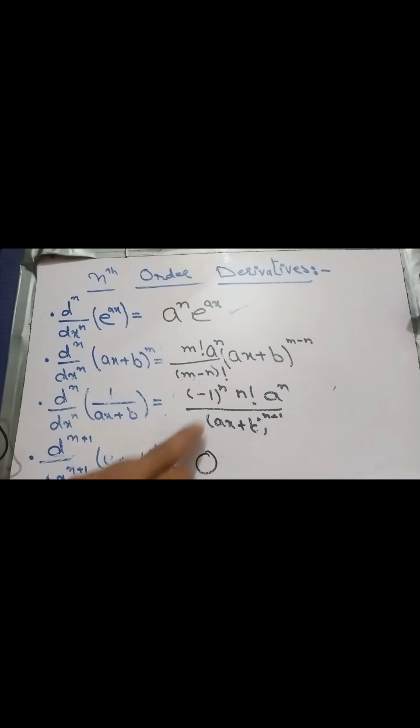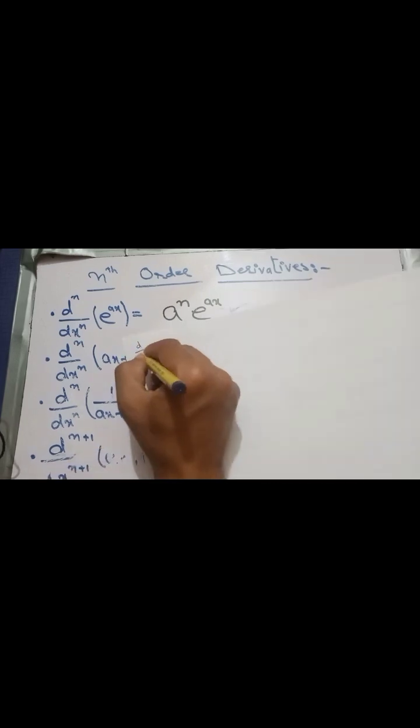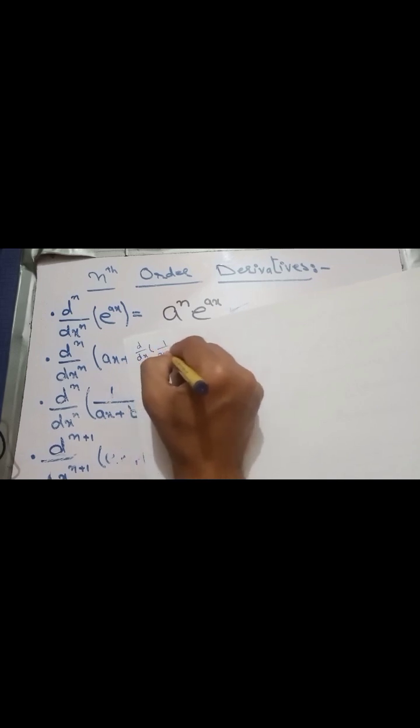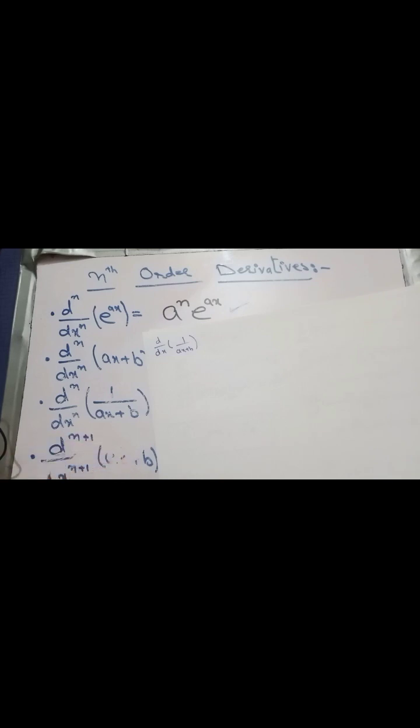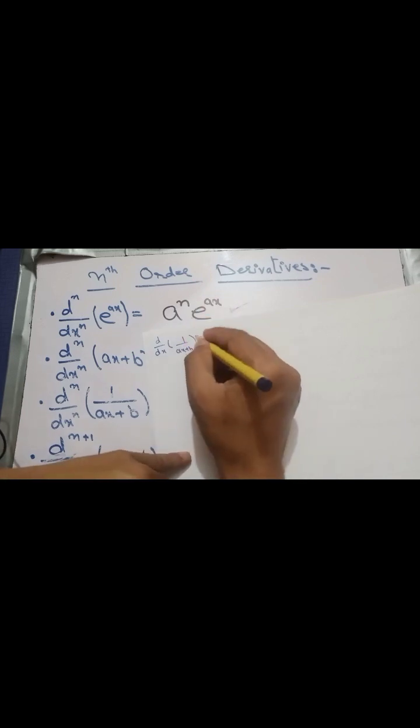Now we will do another example, the third example: d over dx of 1 over ax plus b. We first differentiate the first, second and third time, and after that we can observe a pattern.